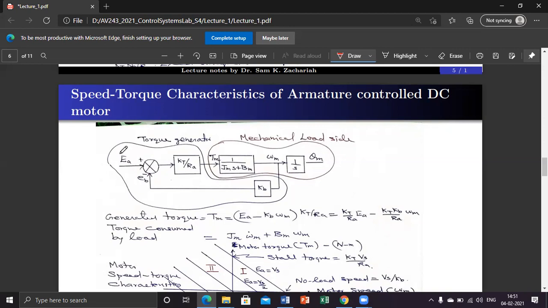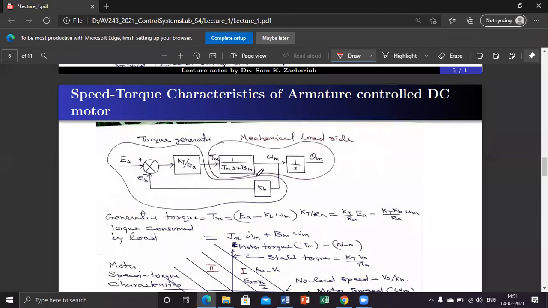Ea represents the voltage applied across the armature. Eb is the back EMF. The difference is applied across the armature winding of resistance Ra, which will produce a current Ia, the armature current, that when multiplied by Kt gives the torque Tm.